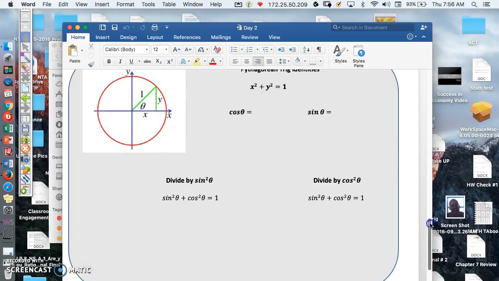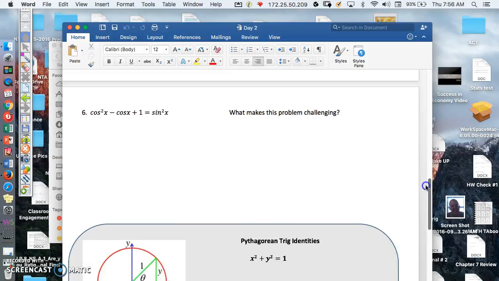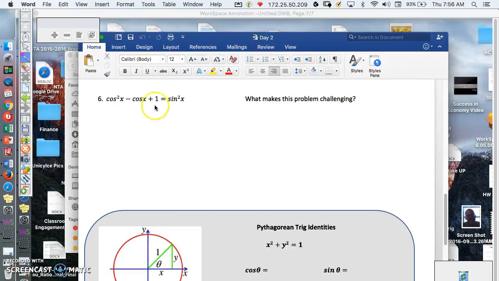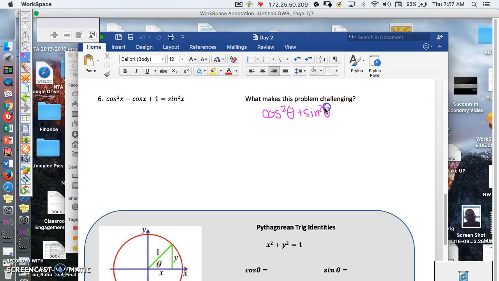So what we're going to do now is we're going to go back and we're going to try problem 6. So we have all this sine and cosine business. So I have 2 cosines. So I'm going to use that identity, and I'm going to solve for the sine squared. So I know that would be 1 minus the cosine squared of theta.